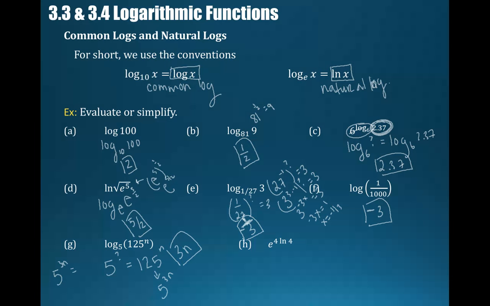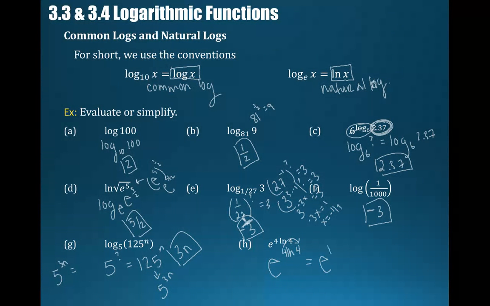And last but not least, this nice one right here. So you've got e to the power of 4 times ln of 4. Okay, so this is log base e, right? What can you do with this 4 here? Maybe you can bring that up as an exponent. Do you remember that property?